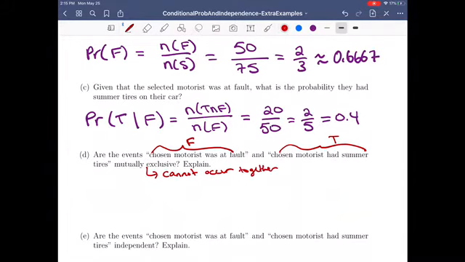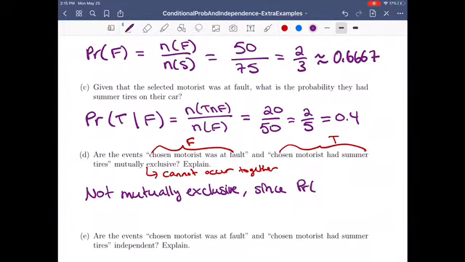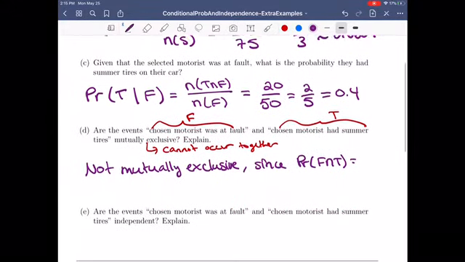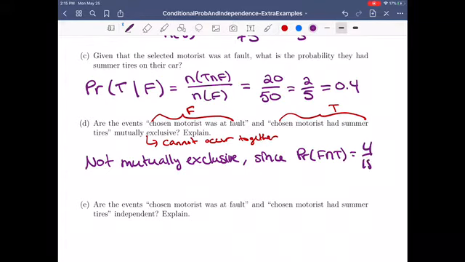So we know here that they're not mutually exclusive, since we already computed the probability of their intersection, the probability of F intersect T, as 4 over 15, which is not 0. If they were mutually exclusive, their intersection probability would have to be 0, so it would be impossible for them to occur at the same time.